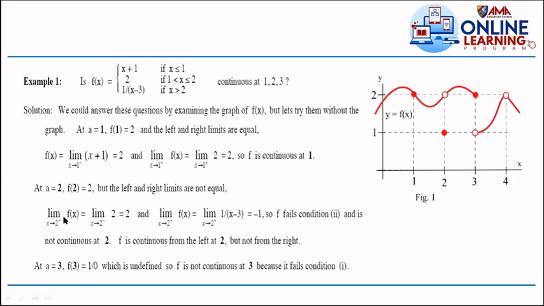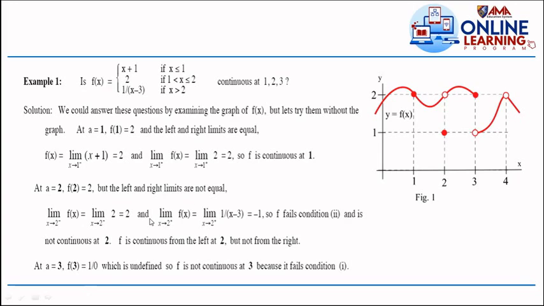Ito yung left limits natin, ito yung right limits natin. Okay? Yung left limits natin, the limit of the function of x as x approaches to 2 is 1. Ito na siya. Okay? Yung isa, the limit 2 as x approaches to 2 is equal to 2. So therefore, your left limit is not equal to your right limit.